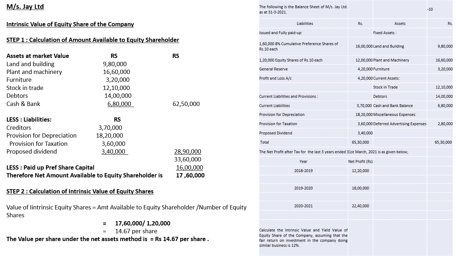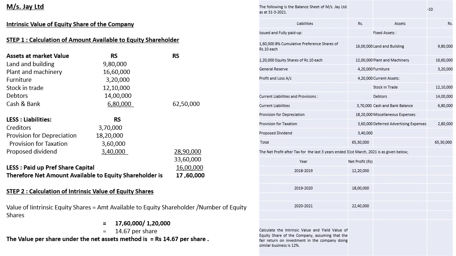So the assets at market value: land and building 9,80,000, plant and machinery 6,60,000, furniture 3,20,000, stock in trade 12,10,000, debtors 14 lakh, and cash and bank 6,80,000. If you total this, you will get 62,50,000. Then we deduct all the external liabilities. We are not going to take general reserve, profit and loss, or share capital, which are the internal liabilities of the company.